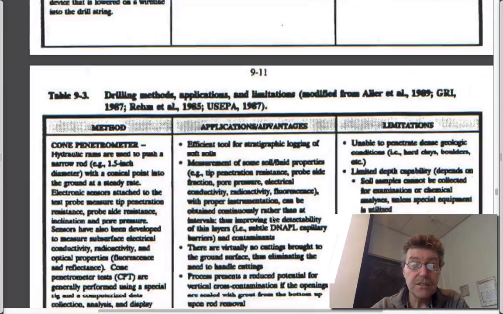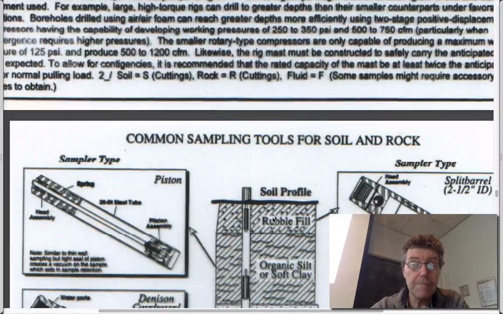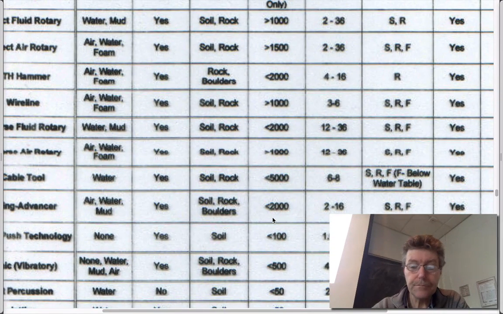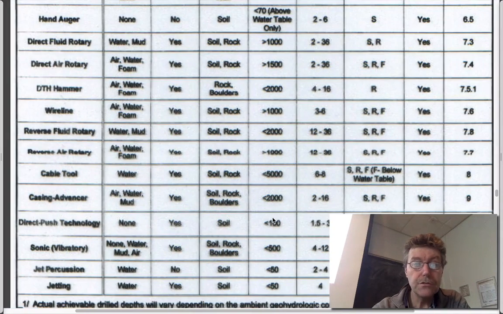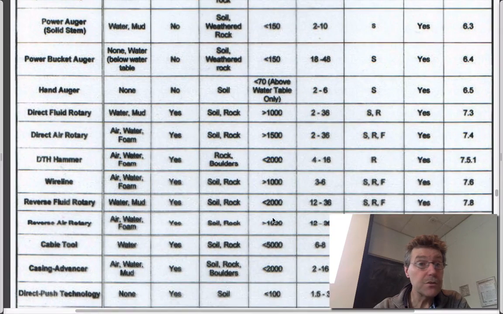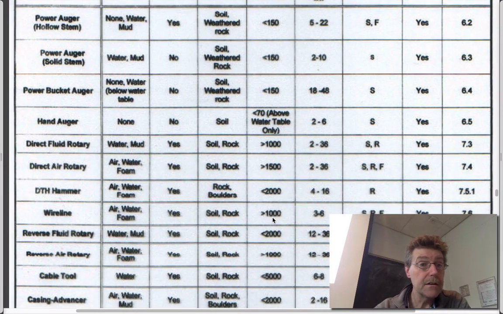There's a useful summary slide in this material, which is this one, which merely goes through a whole bunch of these things that we talked about. Hollow stem and solid stem augers we talked about. Doing it by hand. Rotary were these drills with the tricone bits, using air or foam. Hammer drills, which are less used.